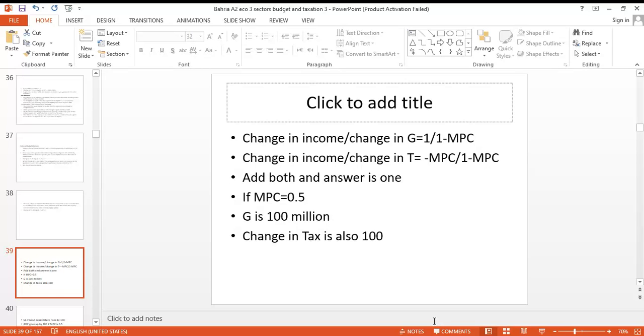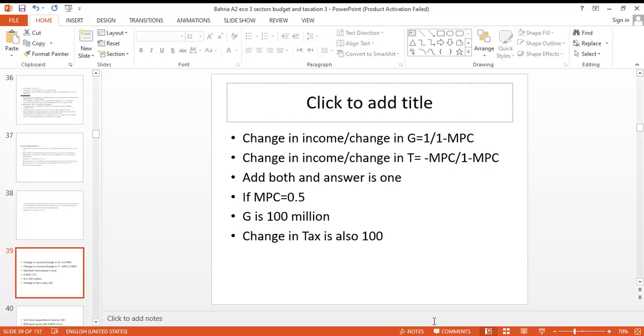The multiplier says that in order to balance the budget, revenue of the government must equal the expenditure of the government, which means that increase in government expenditure must be matched by increase in tax. So whatever the government is getting in tax, it is spending in government expenditure. So if it is charging 100 million tax, then it's spending 100 million in government expenditures. This is the idea behind this multiplier. Okay, this is the theory behind this multiplier.